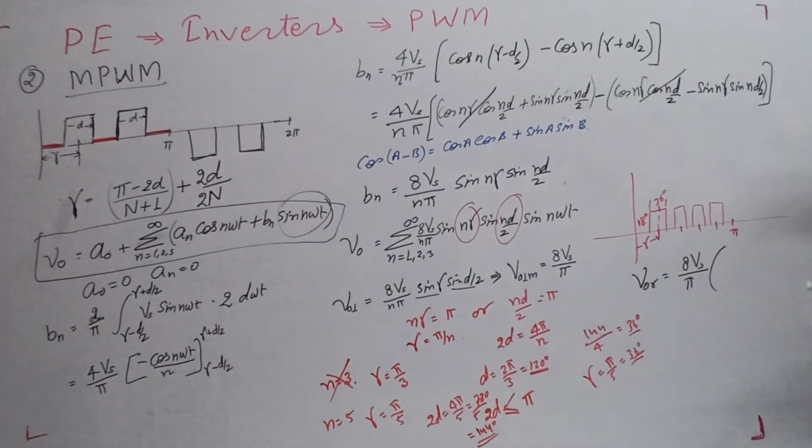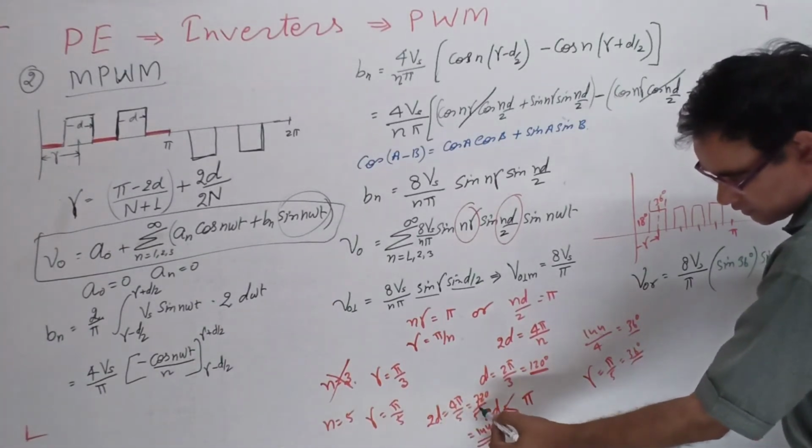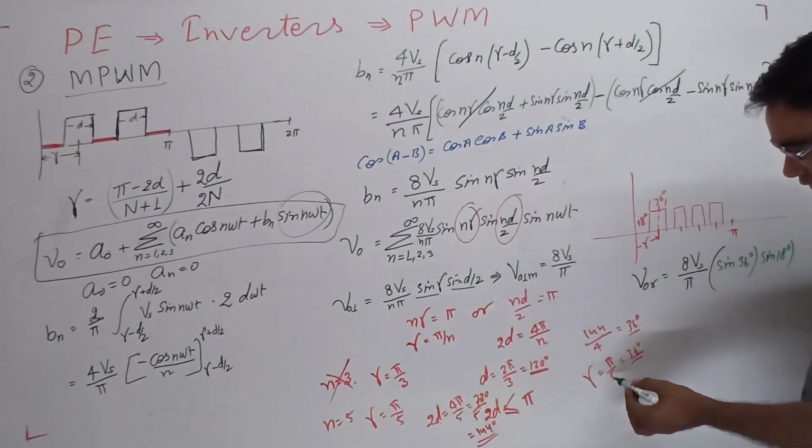The output is reduced and that reduction is 8 Vs upon pi into what multiple? That multiple is sine gamma, and here gamma is 36, so sine 36 degrees and sine D by 2, sine 18 degrees. What is the value of D? D is 72 degrees, I think.